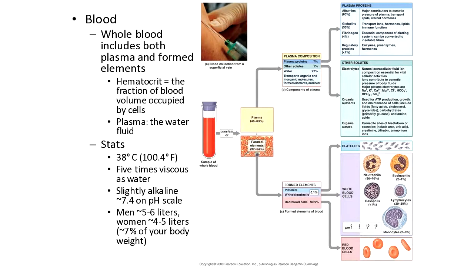Now, the formed elements, the cell parts, are going to be mostly red blood cells. If I have 100 cells in a sample, 99 of them are usually going to be red blood cells. One will either be one of the many types of white blood cells or maybe a platelet.